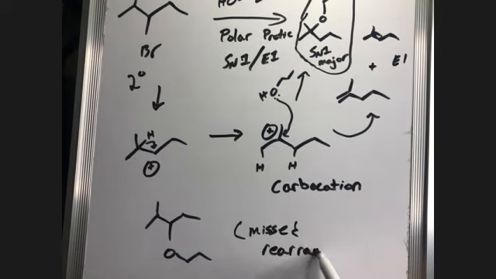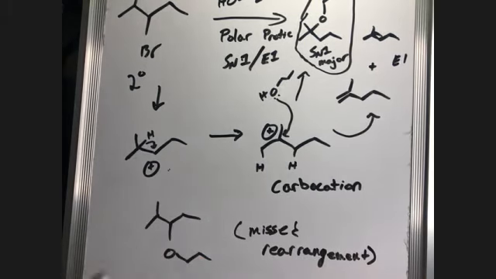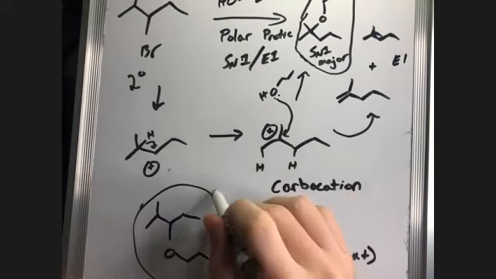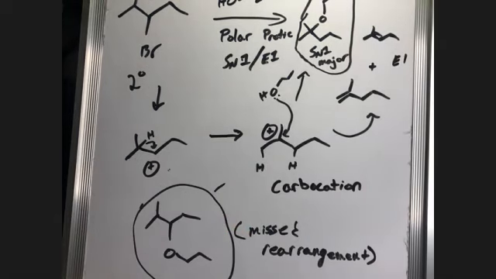You're going to get almost none of this product, because as soon as you form this carbocation, it will rearrange faster than the reaction will take place at that center. So this is going to be an extremely small amount, like, I don't know, less than 5% of the product. So this would be a challenging multiple choice question where they have this answer and this answer. This one is by far more likely.